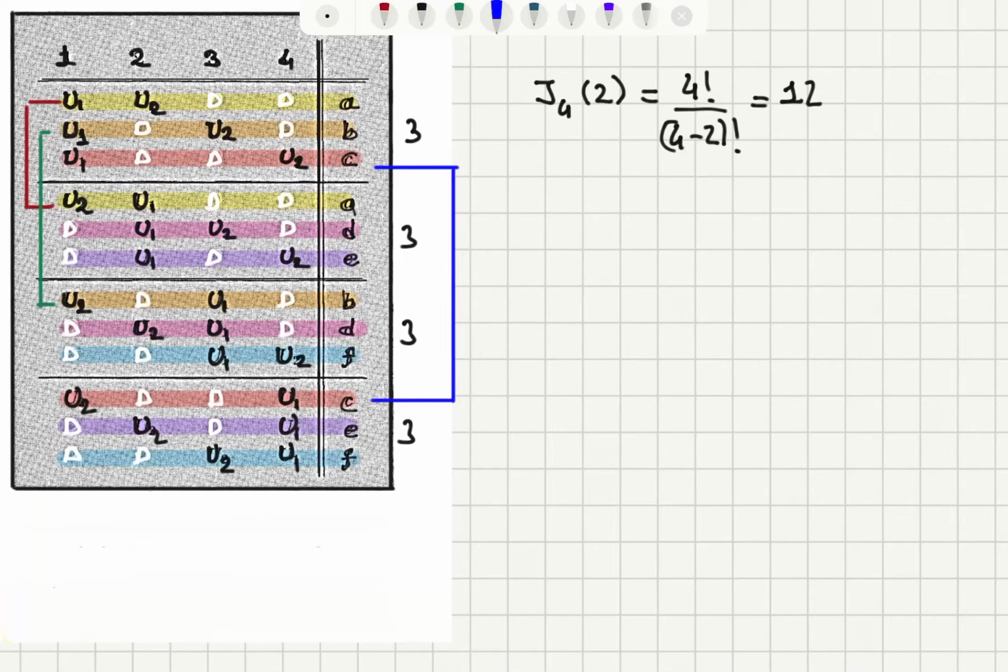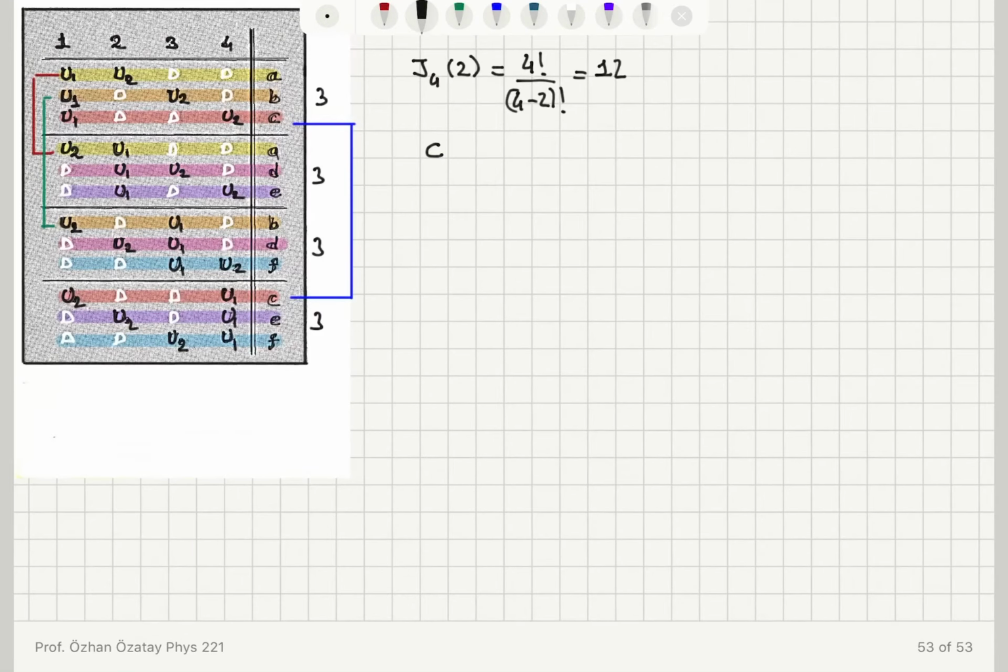So if I keep going like this, I see that I'm counting them twice because I have 2 factorial permutations, or different ways of ordering the same ups. So I have to divide what I see here by 2 in order to get the number of distinct configurations. It would be this J42 divided by 2 factorial, the number of permutations.